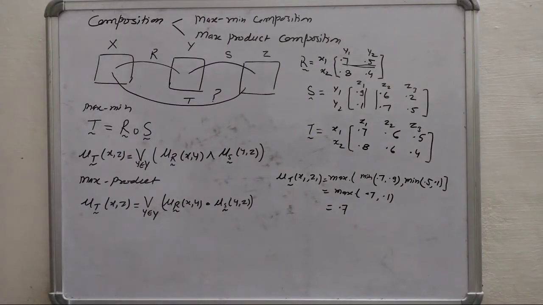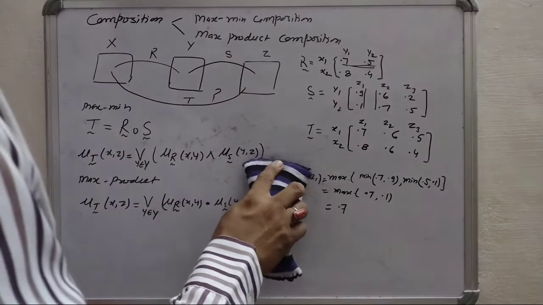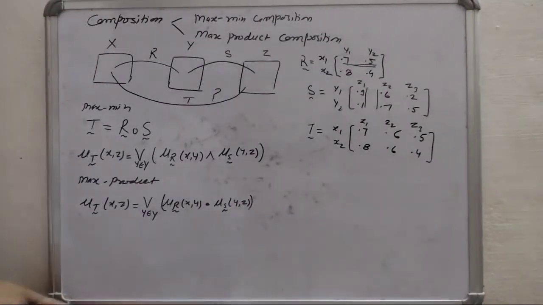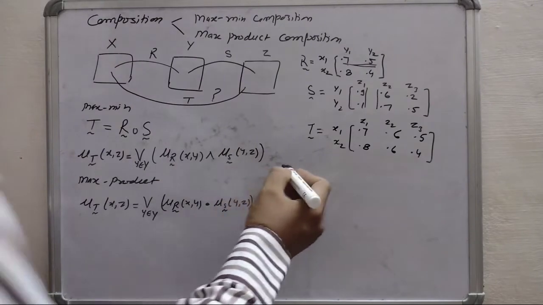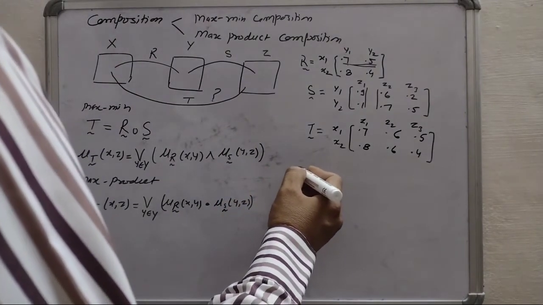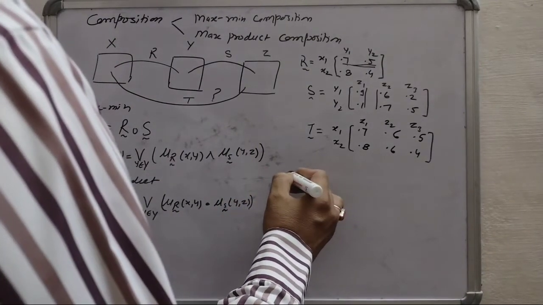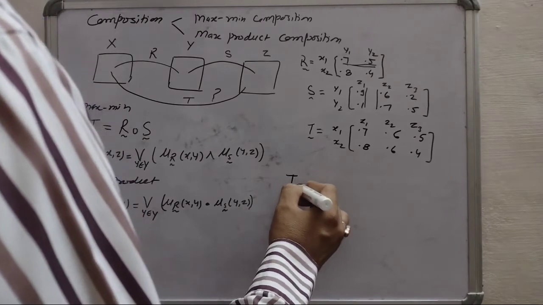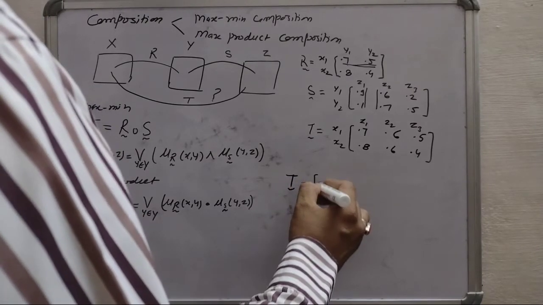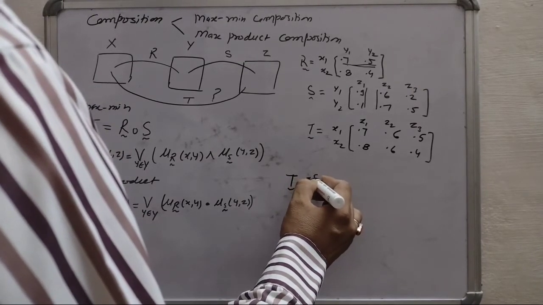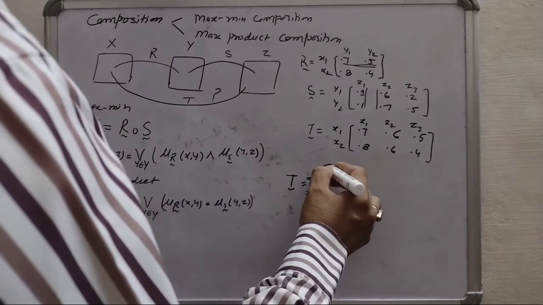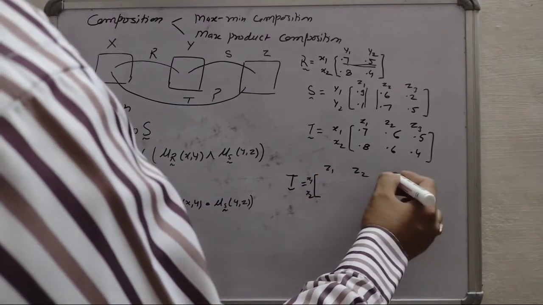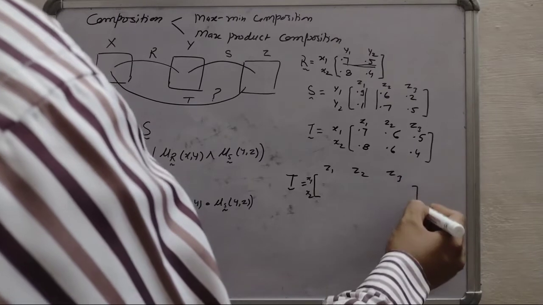Now let us find max product composition. So again, first write T, and T will be of the same size, x1 and x2, z1, z2 and z3.